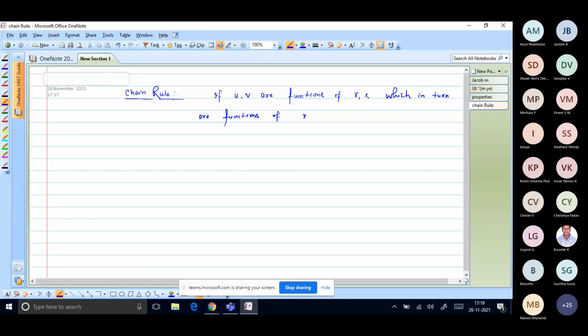Then in this case, whenever I am finding the Jacobian of u, v with respect to x, y, this is the product of two Jacobians. First, the Jacobian of u, v with respect to the intermediate variables r, s, multiplied by the Jacobian of r, s with respect to x, y.